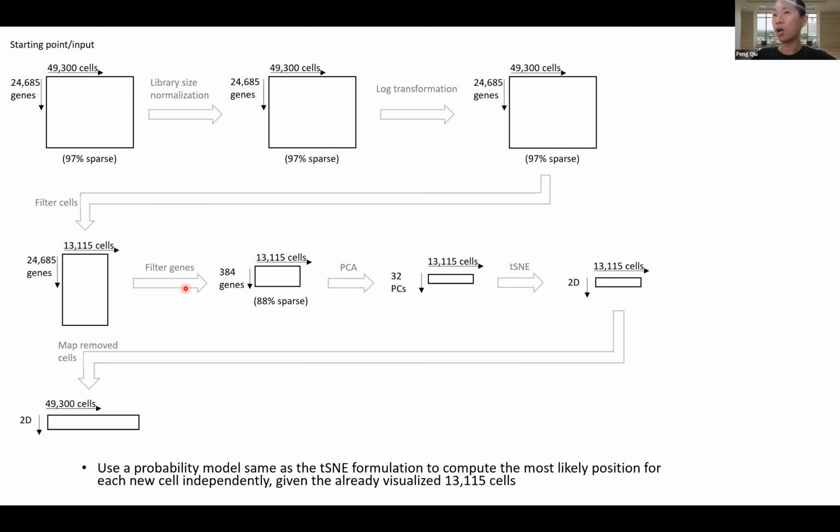So in this paper, one thing they did was they used a t-SNE related trick to bring all the cells that were filtered away back into this 2-dimensional visualization space. So the t-SNE plot here has only 13,000 cells, but after their next step, they have a t-SNE plot that has all the 50,000 cells.